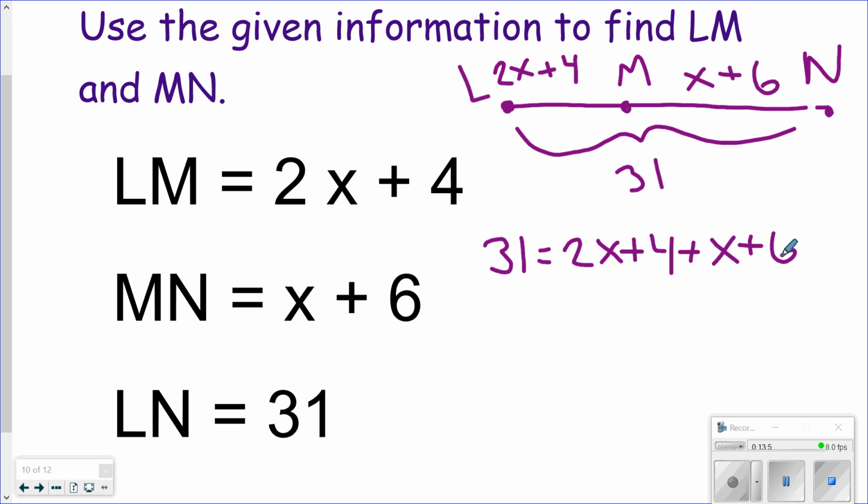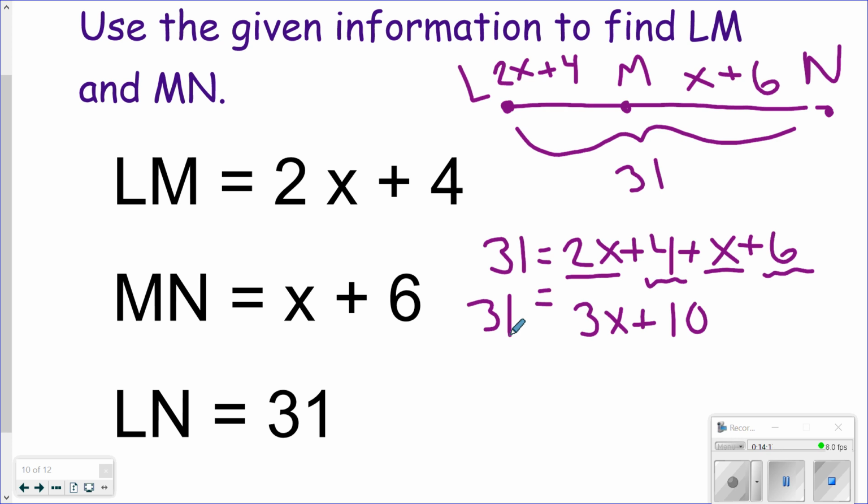This is a little bit harder because now I have two expressions that I'm combining together. But that's okay, because I'm just going to combine my like terms. So I have an x here and an x here, and I have a constant here and a constant here. So 2x plus 1x is 3x, and 4 plus 6 is 10. So I have 31 is equal to 3x plus 10. Now I can just solve for x.